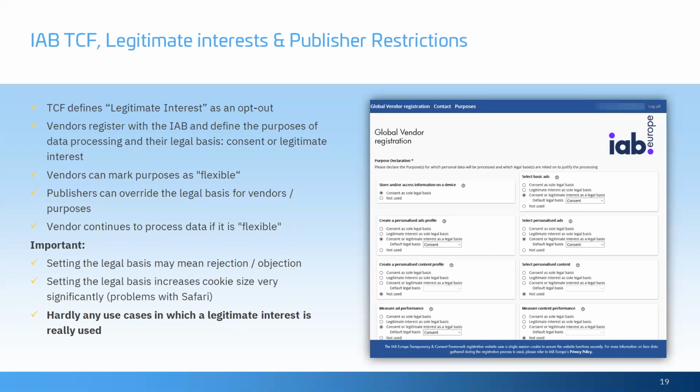The only practical situation is if the user is changing purposes on the first layer. If you see the checkboxes on the first layer and the user enables or disables a certain purpose and clicks on save, that's the only case when legitimate interest really makes a practical difference, because then legitimate interest is on for all purposes, but off for the purposes where you remove the tick from the checkbox. So that's really the only case.